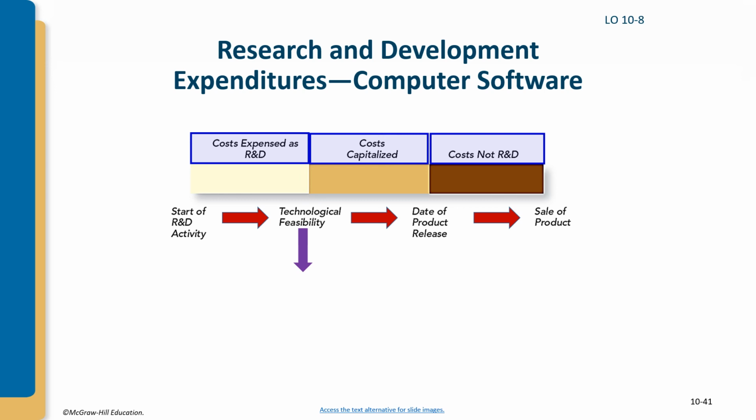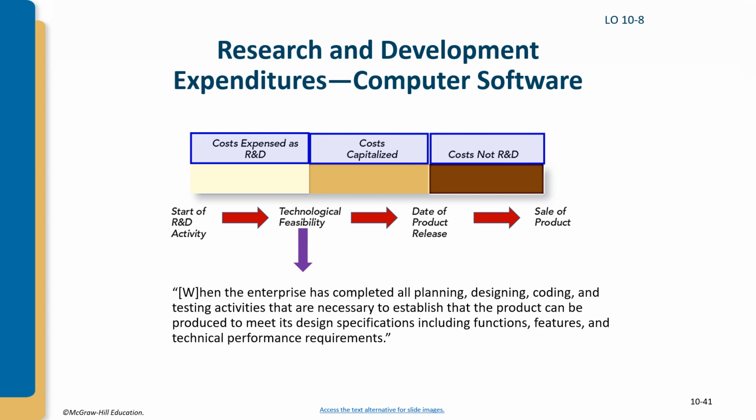Now, what about computer software? So it has its own special kind of rules. So we start research and development. When software reaches technological feasibility. What the heck is that? So when the enterprise has completed all planning, designing, coding, and testing activities that are necessary to establish that the product can be produced to meet its design specifications, including functions, features, and technical performance requirements.